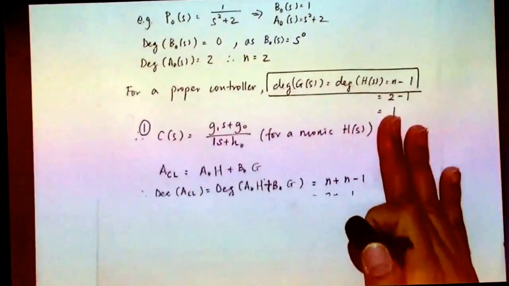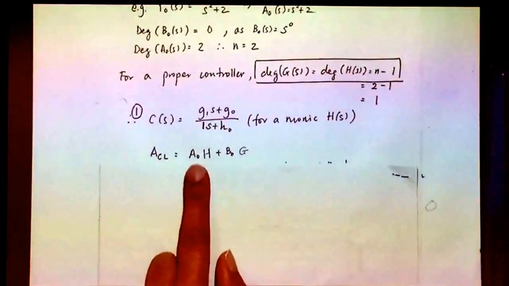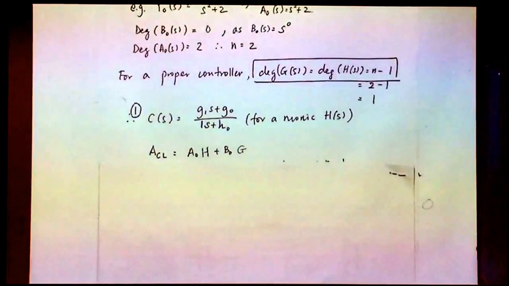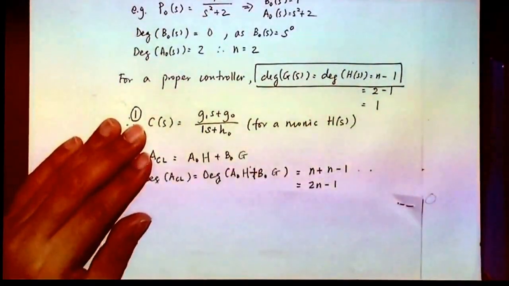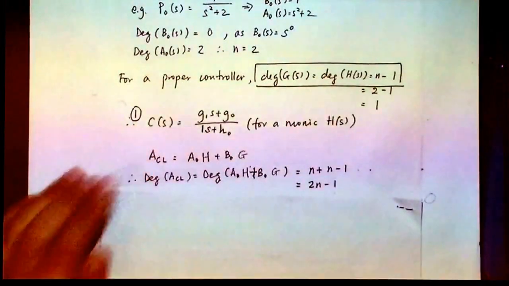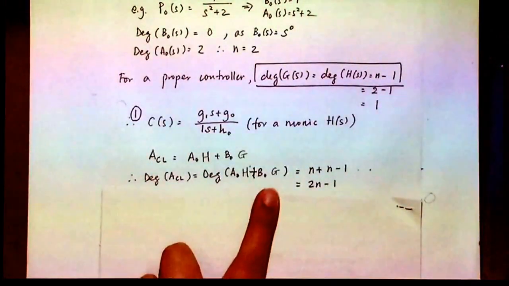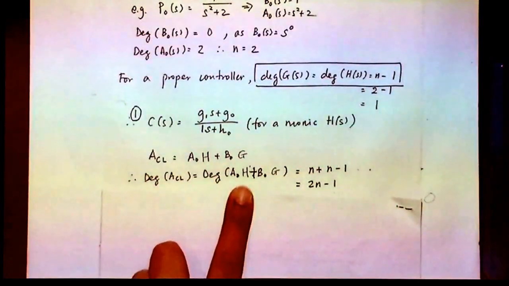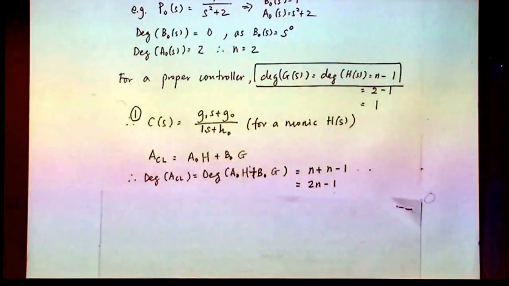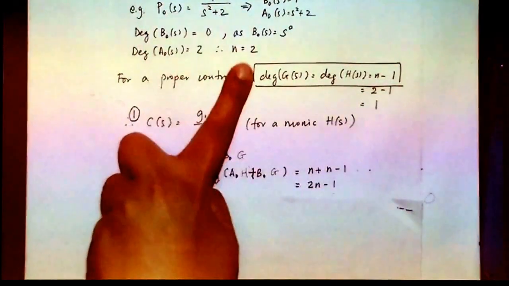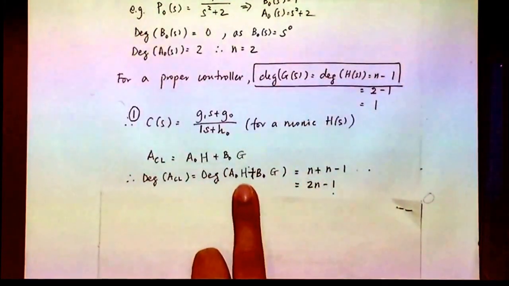Next. You know that ACL is A naught H plus B naught G. This is your Diophantine equation. So what you do is find out the degree of ACL first. The degree of ACL is the degree of A naught H plus B naught G. The degree of A naught is N, and the degree of H is one order smaller.